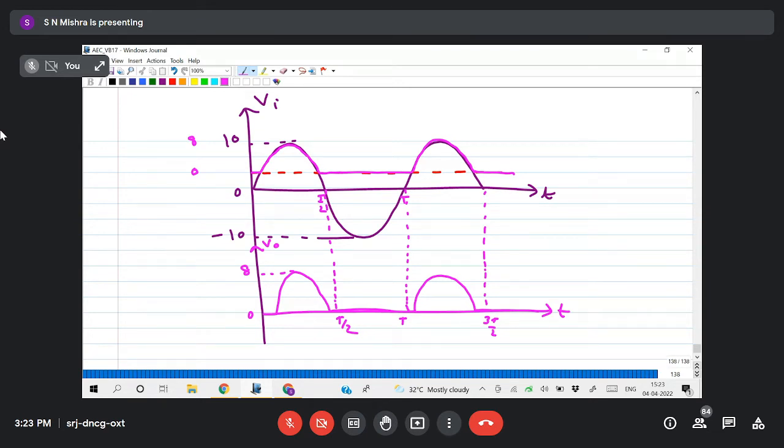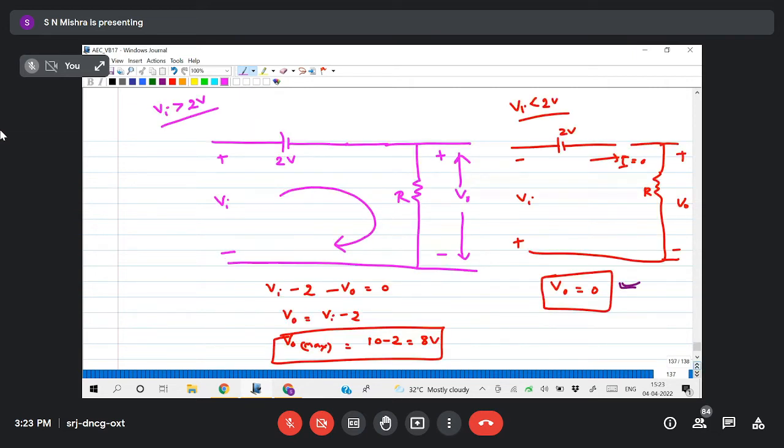You have to visualize. Sir, it went from 2 to 10, why did you do 0 to 8? Here, look, when your Vi is 0, what will the output be? 0 means it is less than 2 or more than 2?